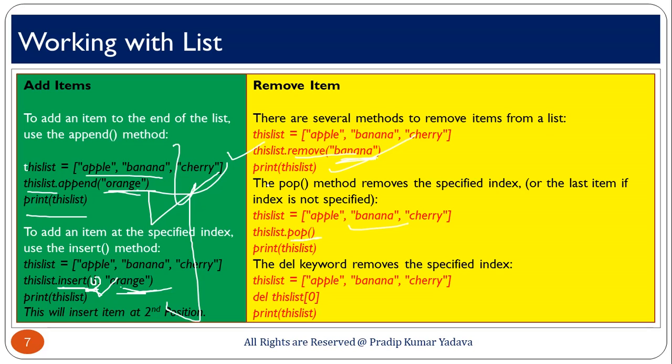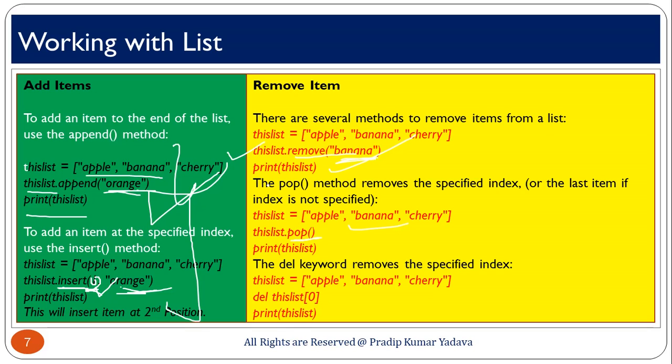What happens if you do not specify the index? It will remove the last item. If you specify the index, the pop method can remove that indexed item.